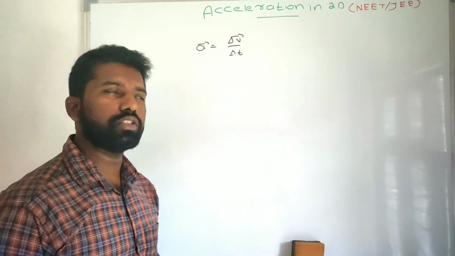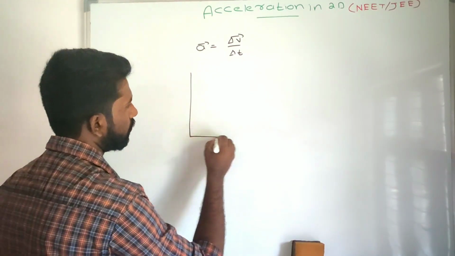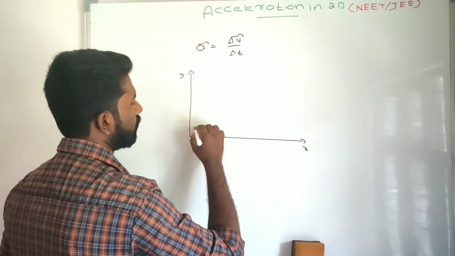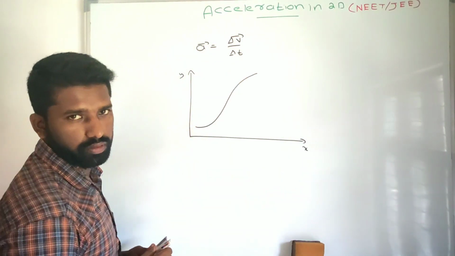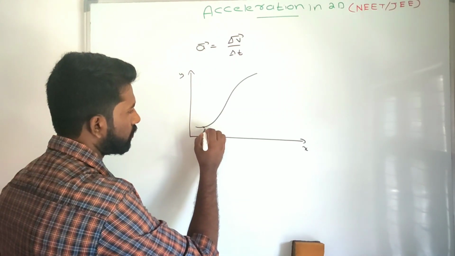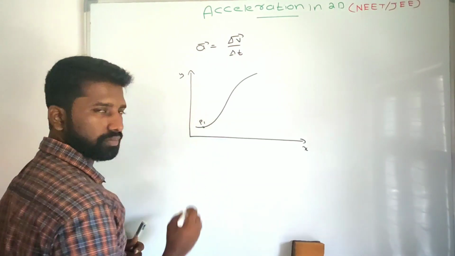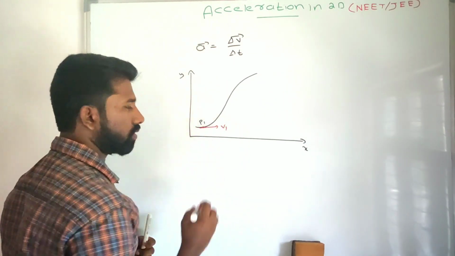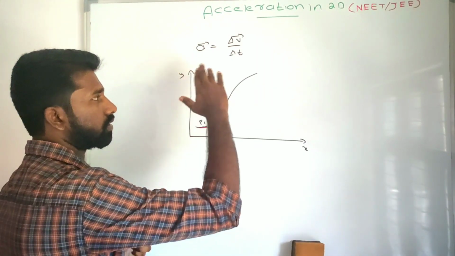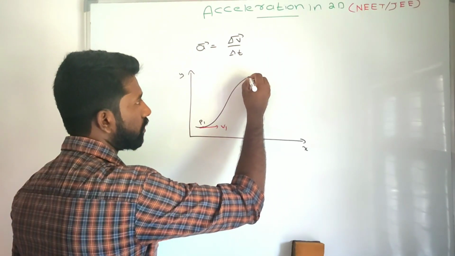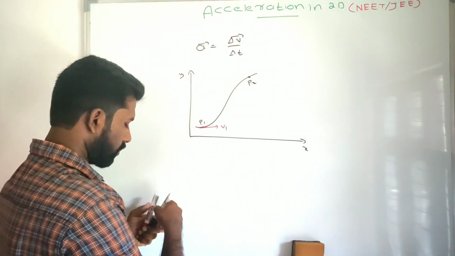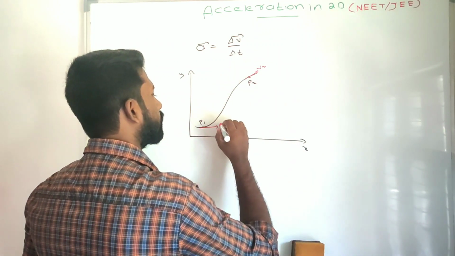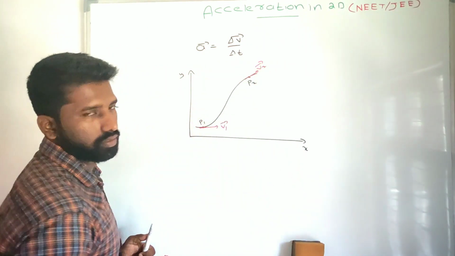So, if a body is moving in a plane, this is the x-axis and here is the y-axis. The body is moving like this path. Initial point is p1. The velocity at this point is tangent at that point, that is p1. After delta t time, the body is at this point p2. The velocity is like this. Okay, this is the v1 vector and this is the v2 vector.